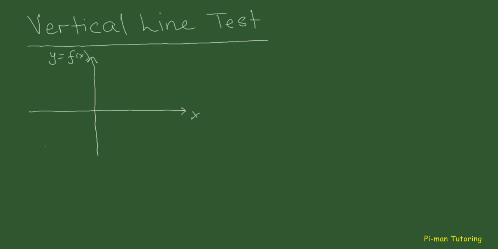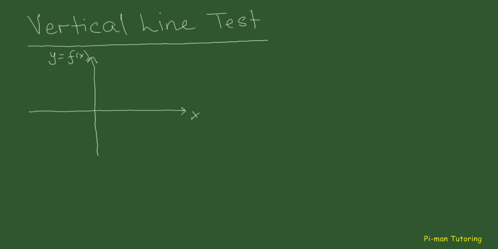So this means that for any particular function, when I feed in a certain value of x, I must produce one and only one value of f of x. And what that means is that if I draw a vertical line through the function, it's only allowed to cross that function at one location, and that's called the vertical line test.